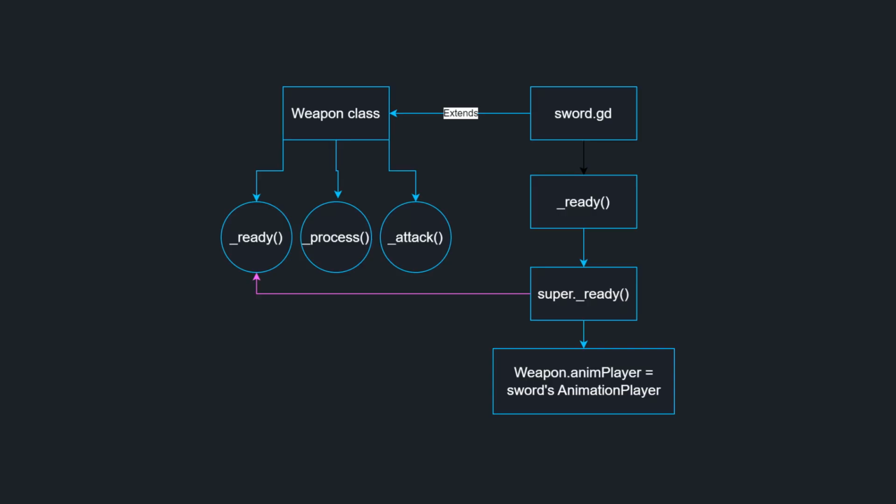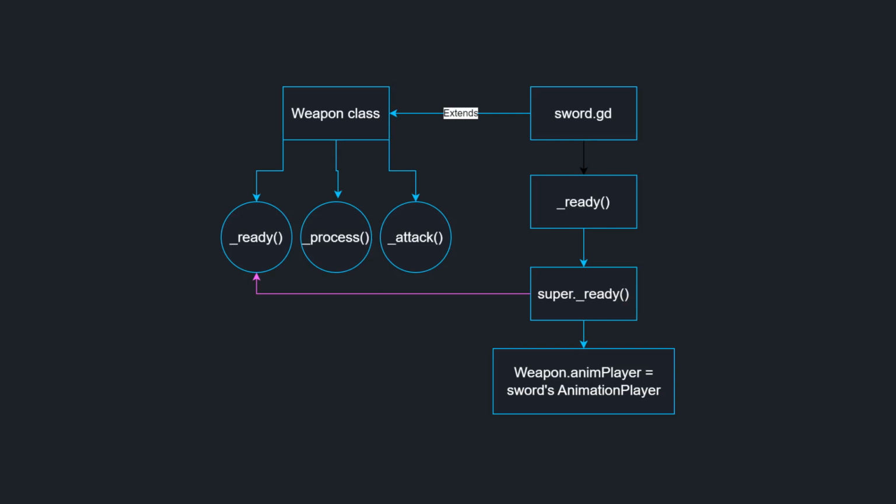First of all, it's going to identify itself as a weapon, the class that we made earlier. It's going to call its function called ready by typing super.ready. It does all the ready from the weapon class and then adds anim player equals animation player.